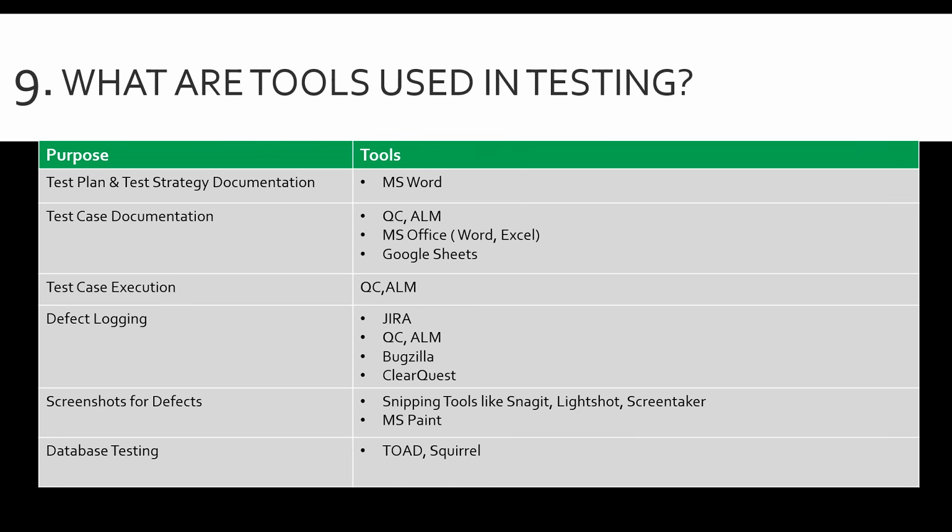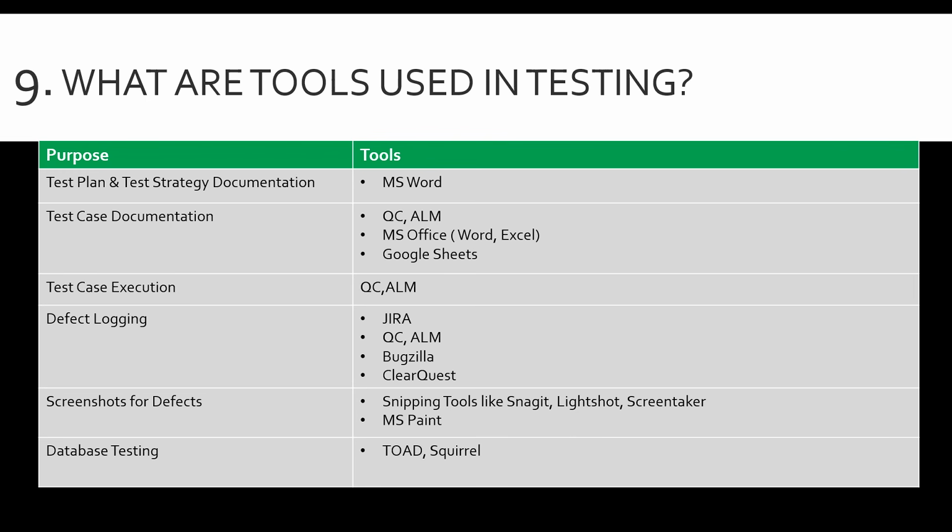And then for screenshots for defects, I've stated that screenshots are very key for defect management. For screenshots, we have some snipping tools like Snagit, Light Shot, Screen Taker. If nothing works, you can just take a screenshot and edit it using MS Paint.